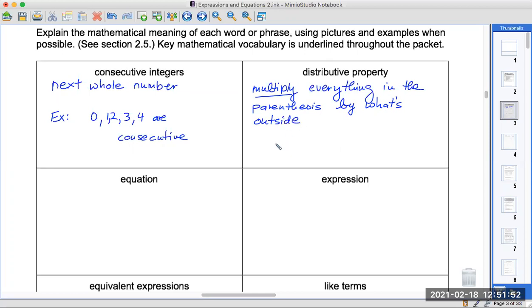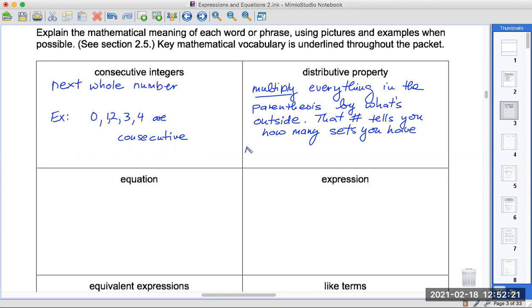So you have more than one set. It's like sets. So the number outside tells you how many sets you have.